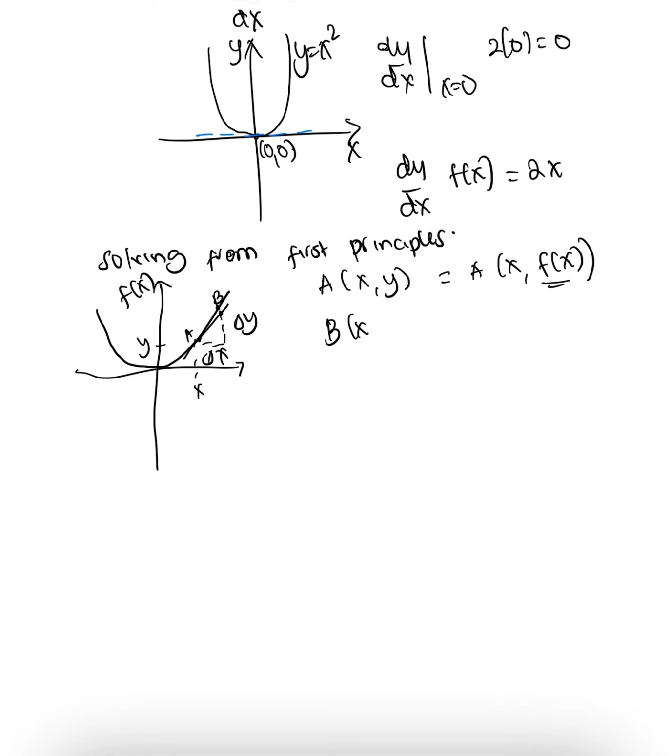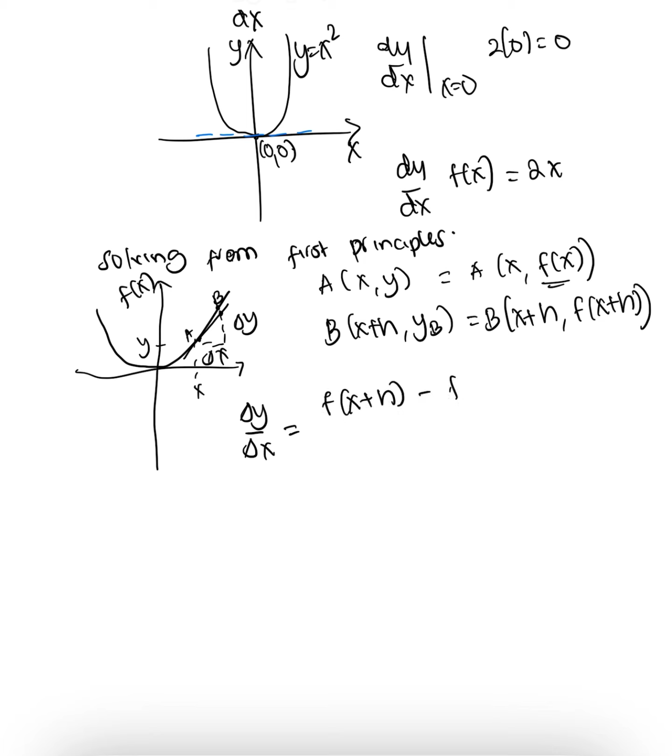Point B is x plus h, and y of point B is f of x plus h, right? So change in y over change in x is f of x plus h minus f of x, all over x plus h minus x. So this take away this, and this take away this.